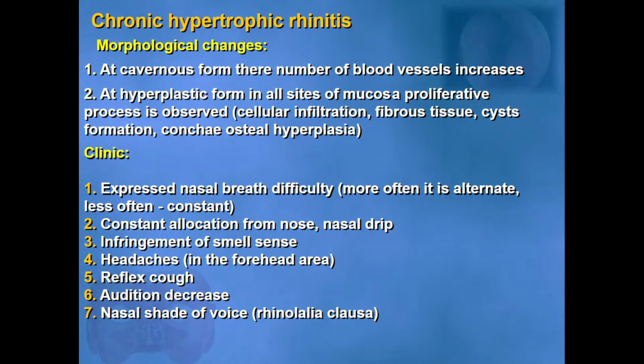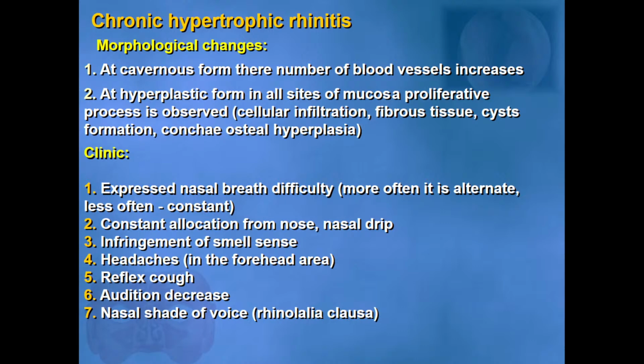So another form of chronic rhinitis is chronic hypertrophic rhinitis. What morphological changes can we reveal? It's an increased number of blood vessels in the nasal conchas.